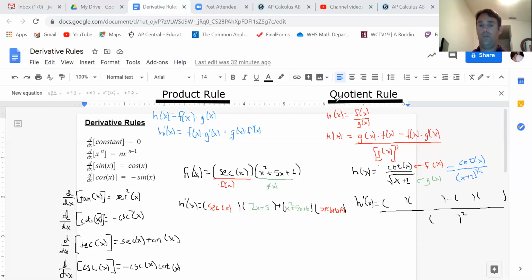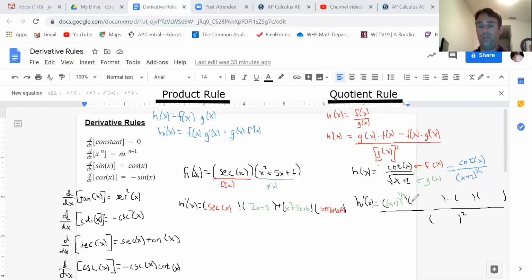Okay, so friends, here we go. Let's plug them in. The bottom, that'd be the x plus 2 to the 1/2. I could have done the square root just as easy. It's whatever works for me. Bottom times the derivative of the top.